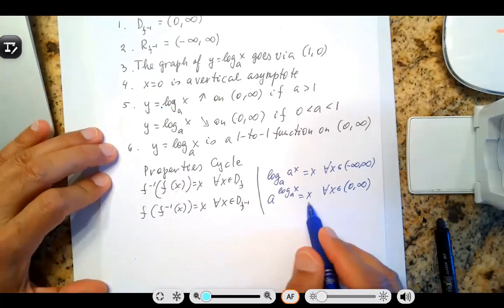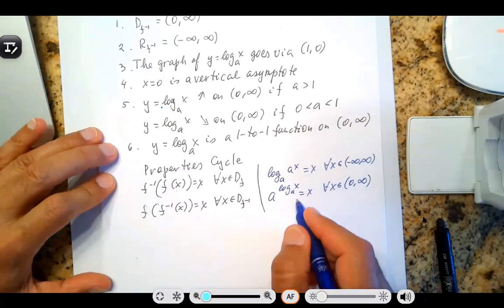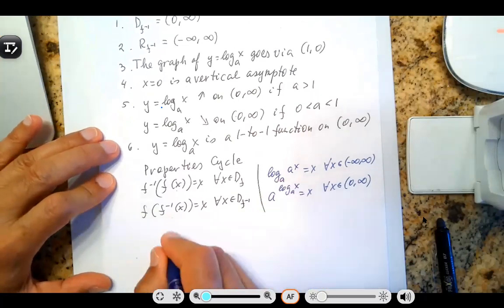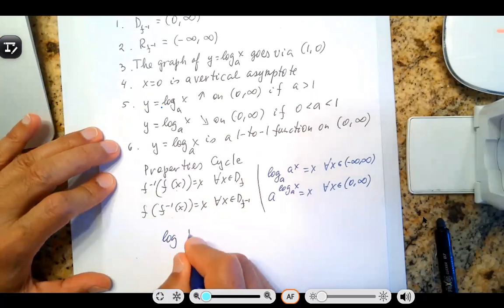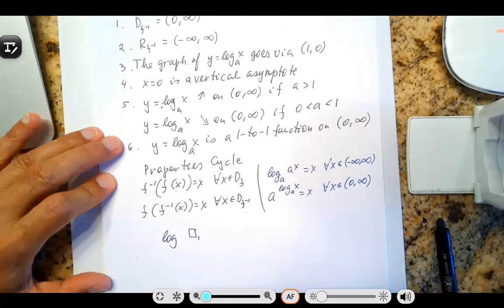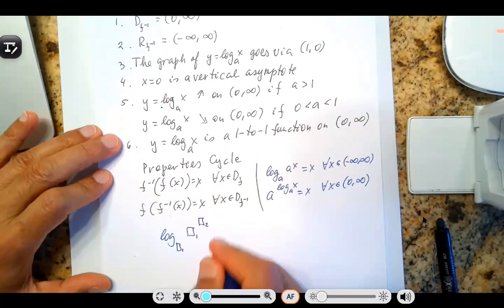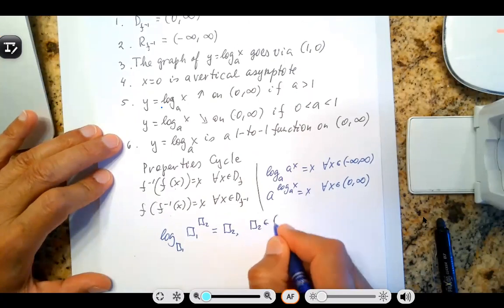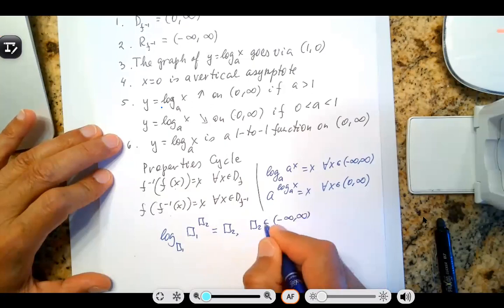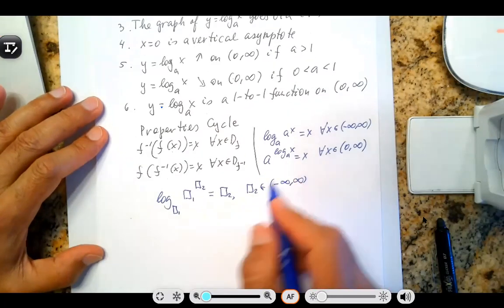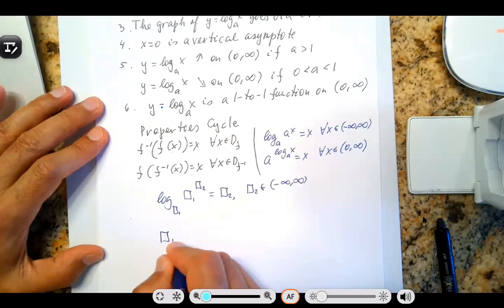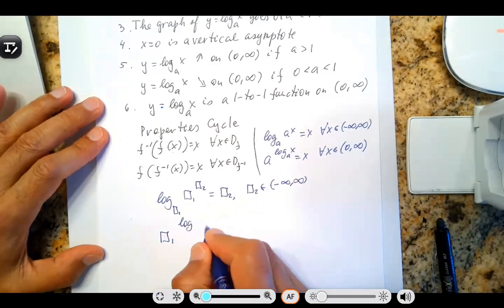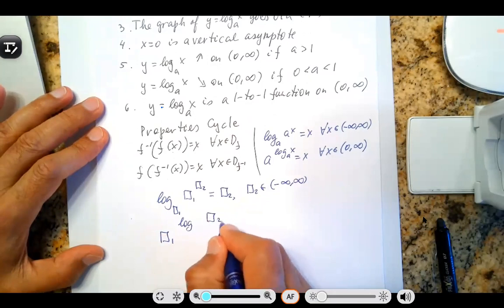The best way to memorize these is using boxes. So here it is. Logarithm box 1 to the box 2 base box 1 equals box 2. Box 2 can be any real number, the content. I can write the other one using boxes: box 1 to the power logarithm of box 2 base box 1.